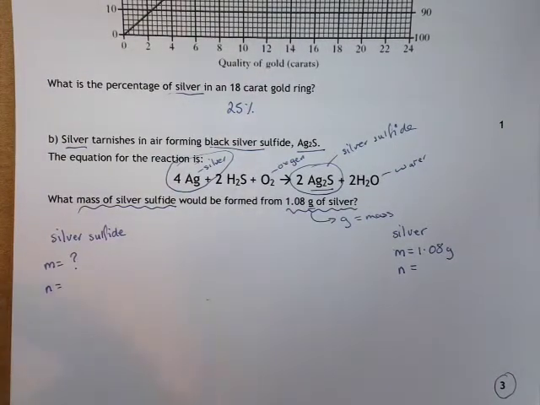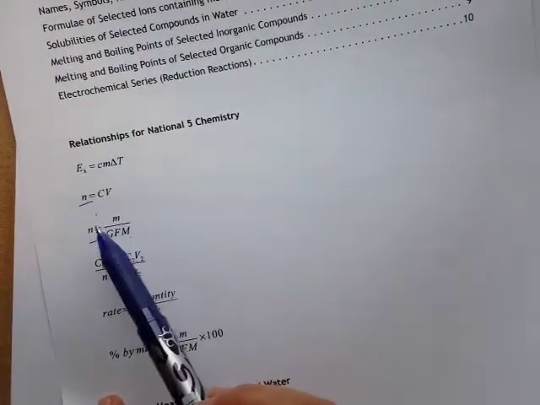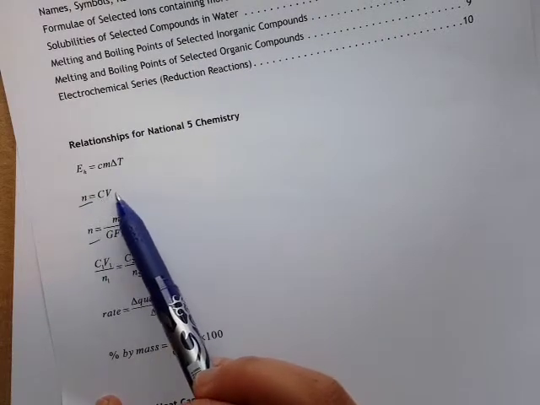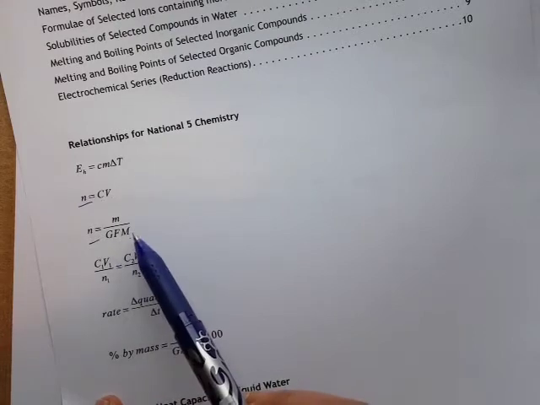To work out the number of moles, I've got 2 different possible equations I can use, going back to the data book. So to work out the number of moles, I've got n equals CV and n equals m over GFM. C is concentration and V is volume. m is mass and GFM is gram formula mass.